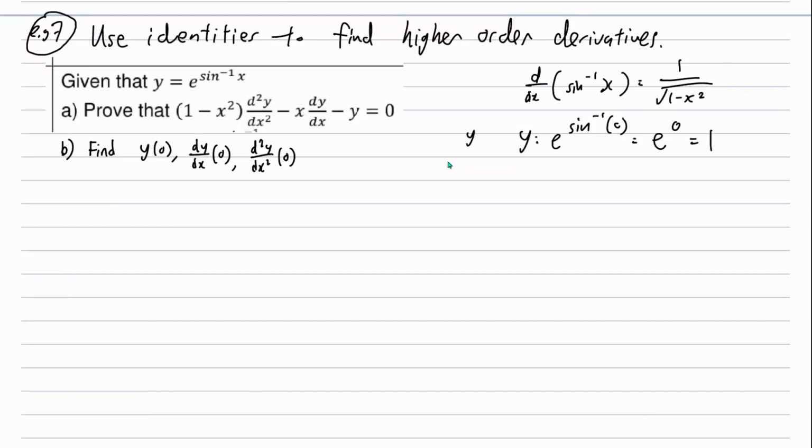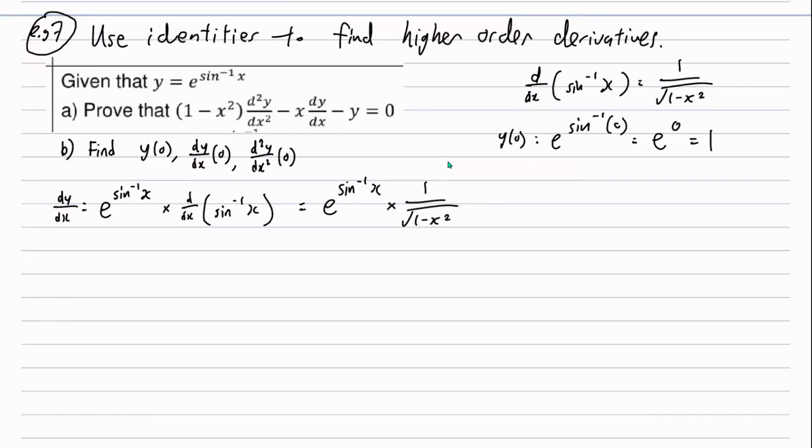Okay, dy/dx, so chain rule. Keep the same e to the power sine inverse x, then times the derivative of the inner, which is 1 over square root 1 minus x squared.